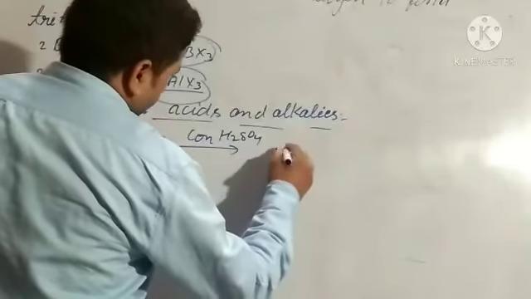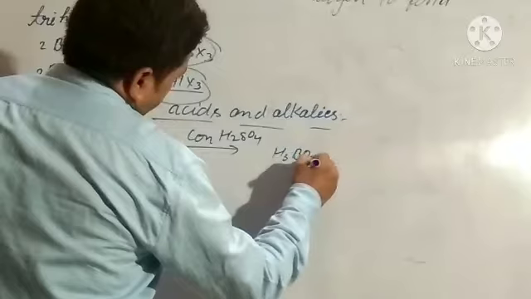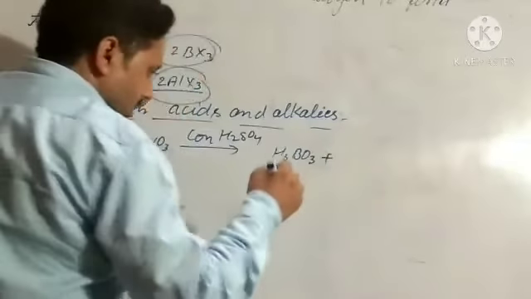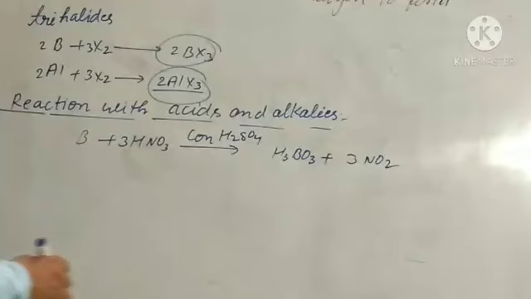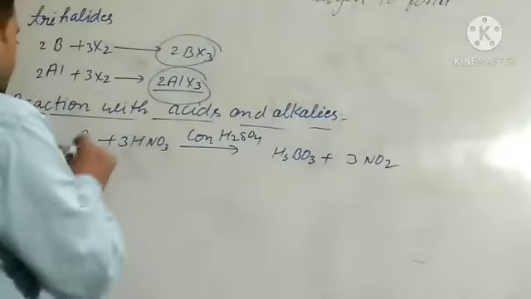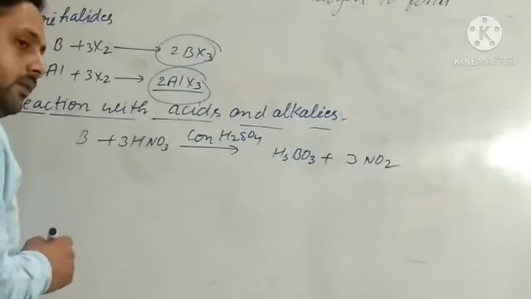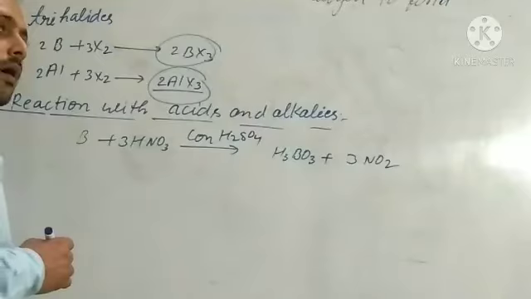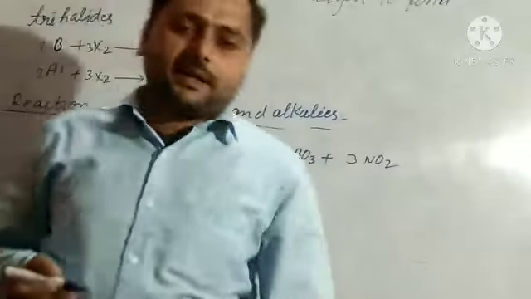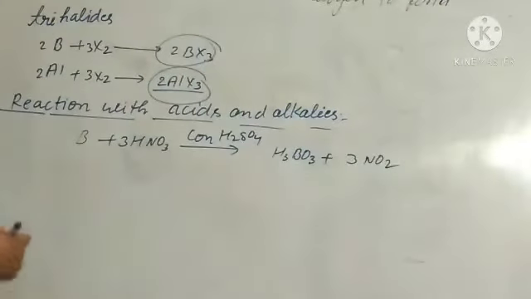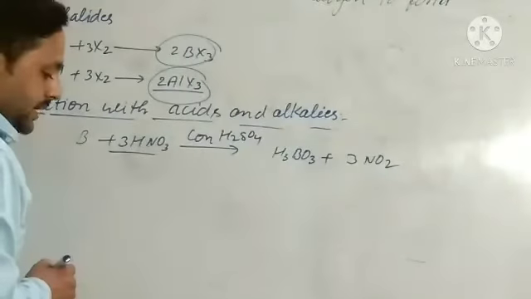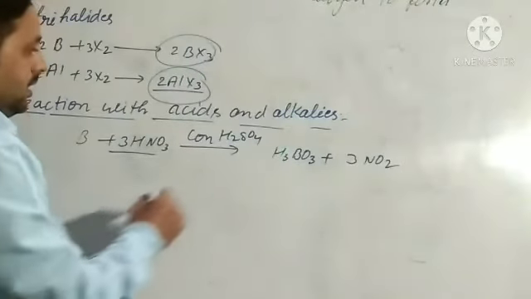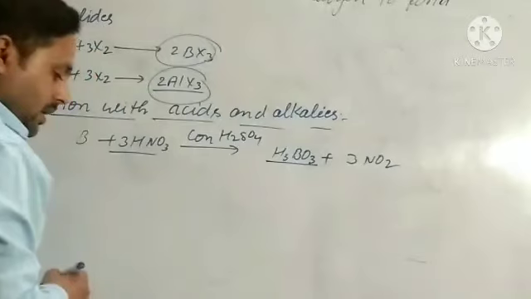It forms H3BO3 plus 3NO2. So it reacts at high temperature with a mixture of H2SO4 and HNO3 and gives boric acid.